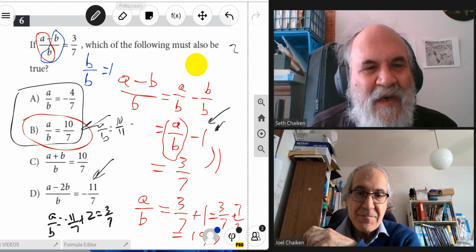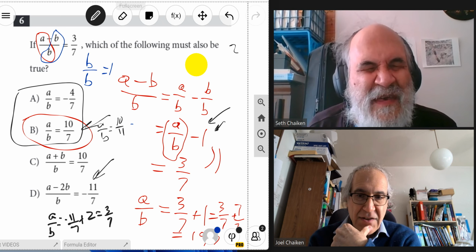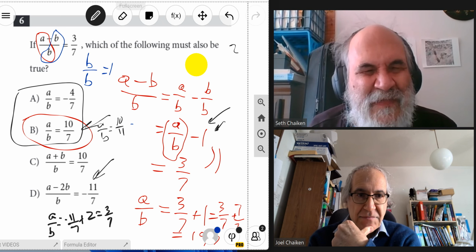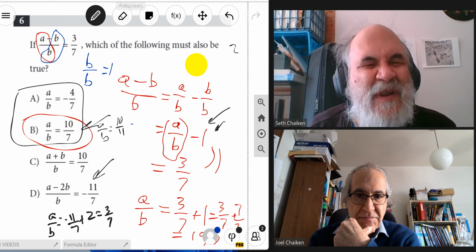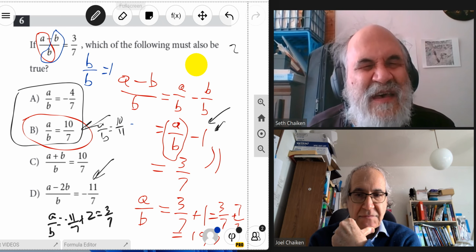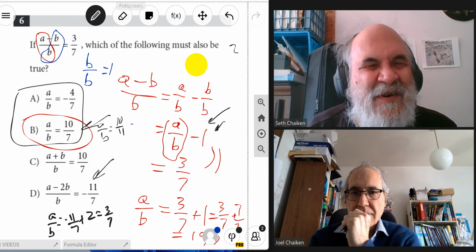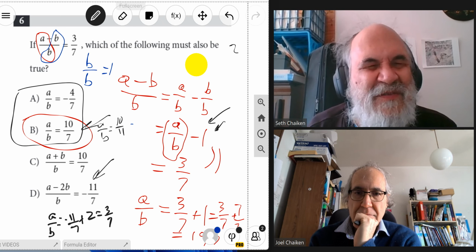But what I did see ahead of time is that it's helpful to actually solve for A over B. Then having solved for A over B, I checked which ones of these matched.